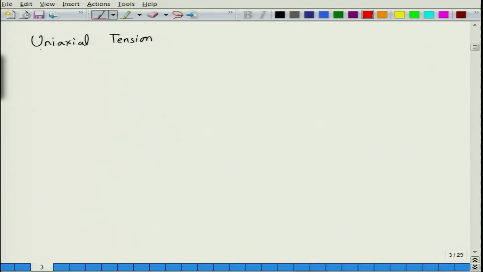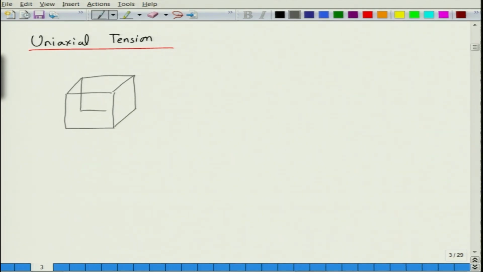So, uniaxial tension can be described by, if you have a cube like this, let us say this is x axis, this is y axis, this is z axis, then we say that along this direction sigma x is not equal to 0.